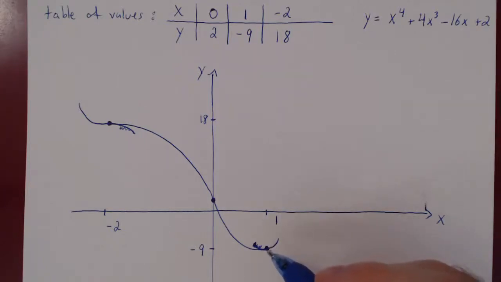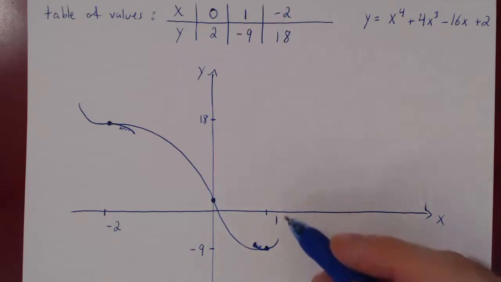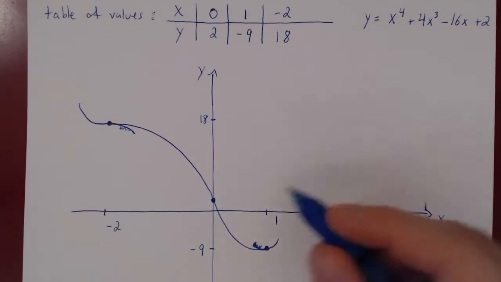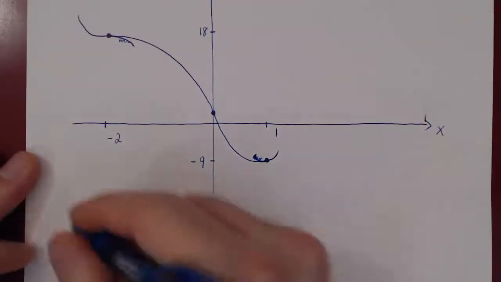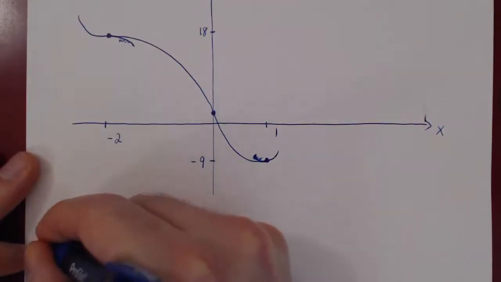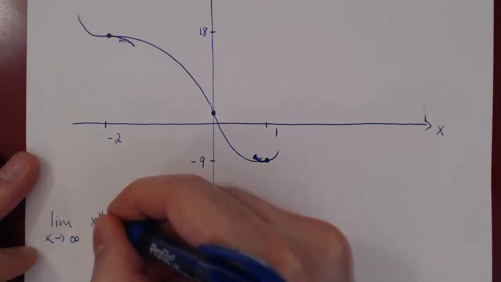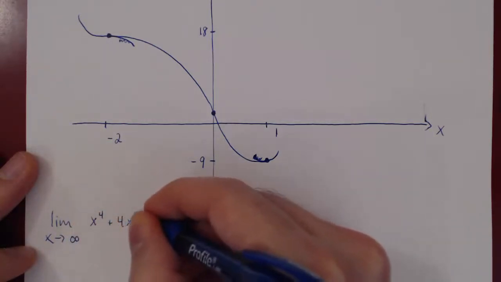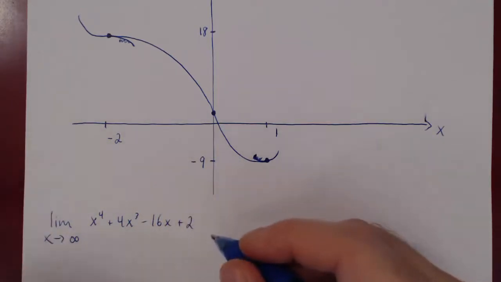The only question left is, will we have a possible right horizontal asymptote? So we are asking what happens to y when x goes to positive infinity. Well, let's see. The limit as x goes to infinity of y, which is x to the 4 plus 4x cubed minus 16x plus 2. Again, we have a polynomial.